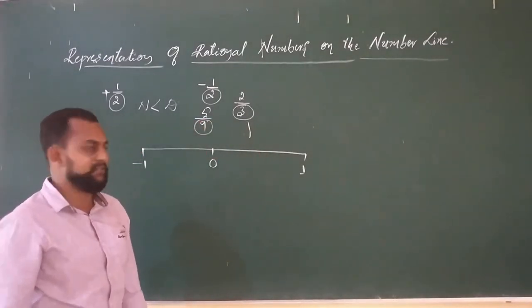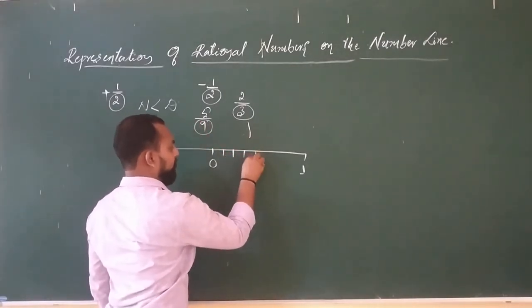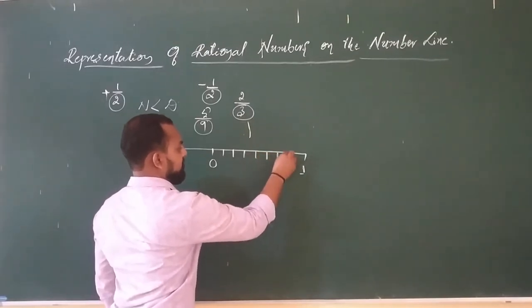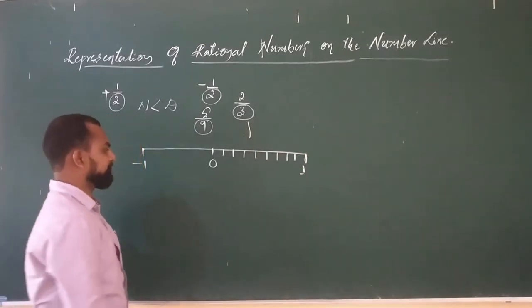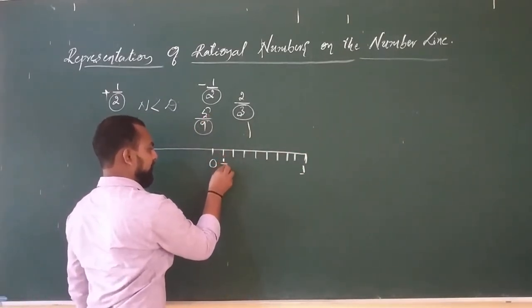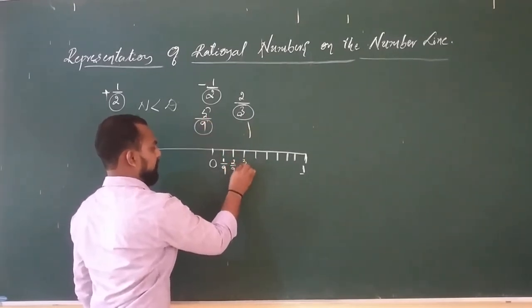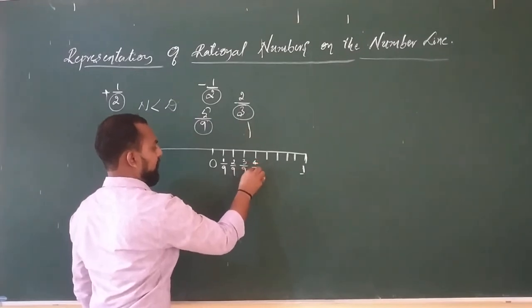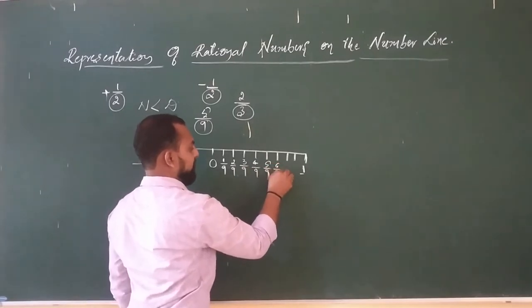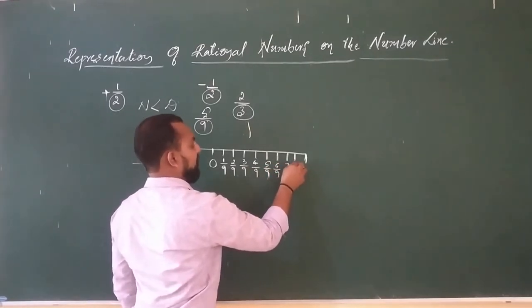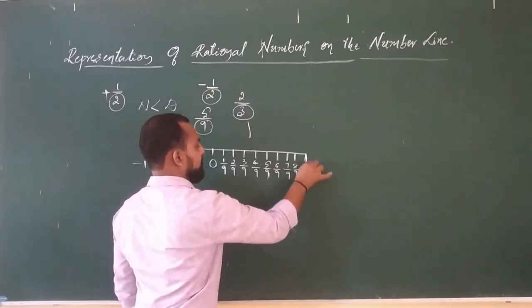The points are 1 by 9, 2 by 9, 3 by 9, 4 by 9, 5 by 9, 6 by 9, 7 by 9, 8 by 9, and the last one is 9 by 9, which is 1.